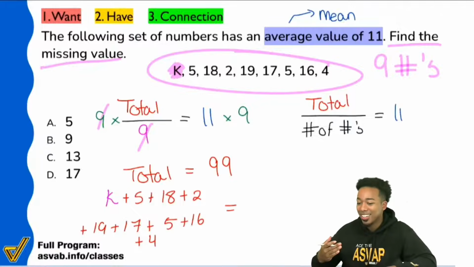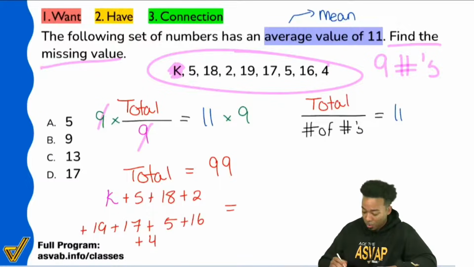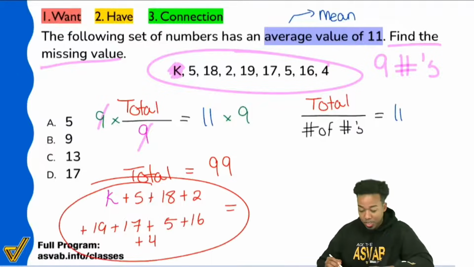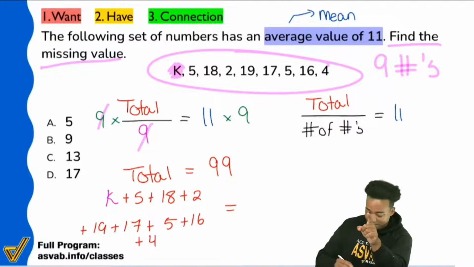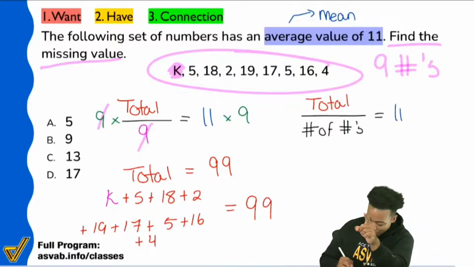Help me out. The grand total with K included, not with K excluded. With K included, it's all supposed to add up to 99. Right there. We said it. It's supposed to add up to 99.